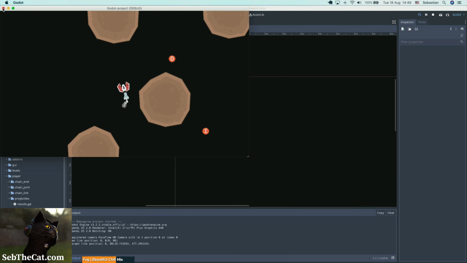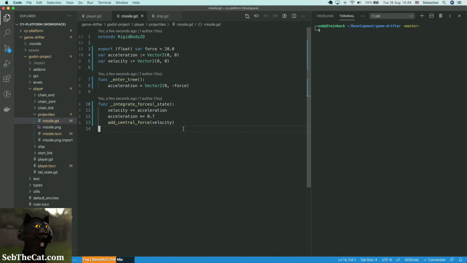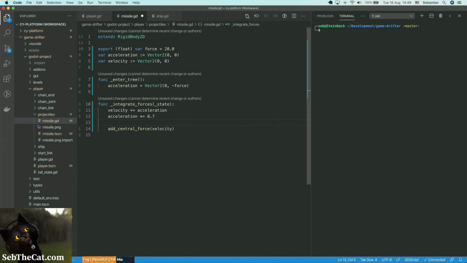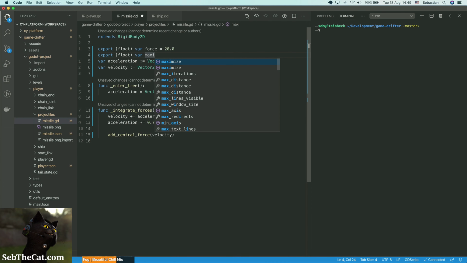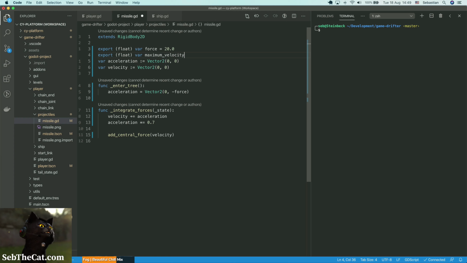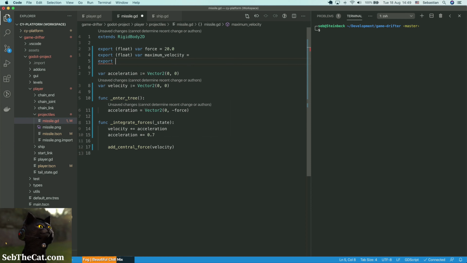And then let's just figure out, let's have a maximum velocity, shall we? Export a float, and that will be maximum velocity, and maybe we can put this as dampening here, 0.7.